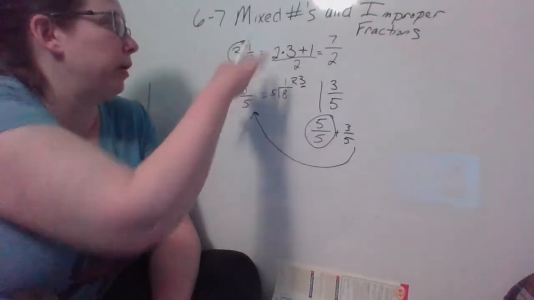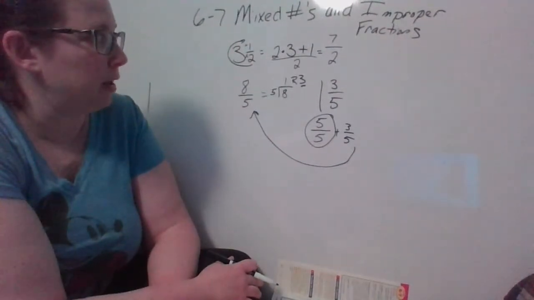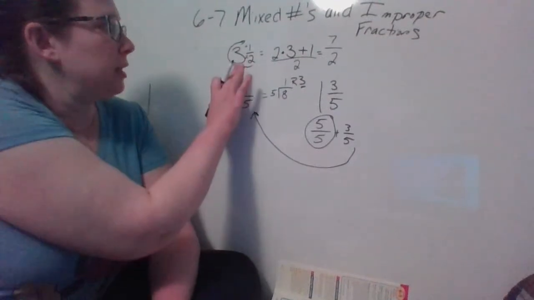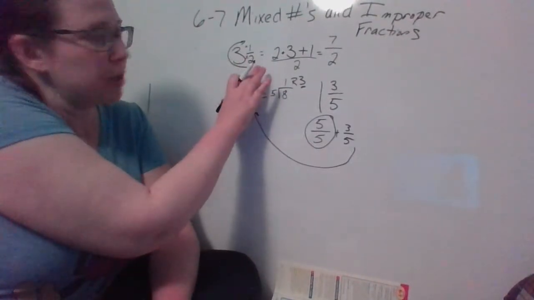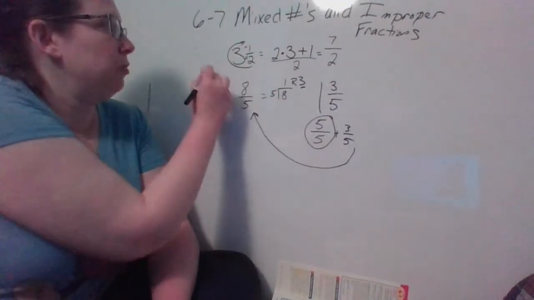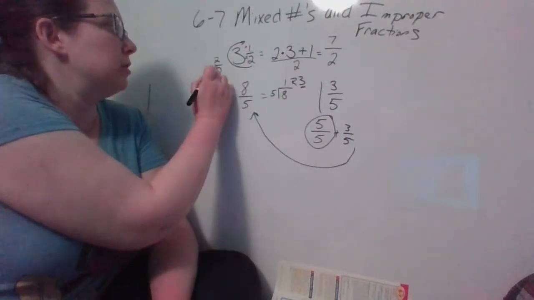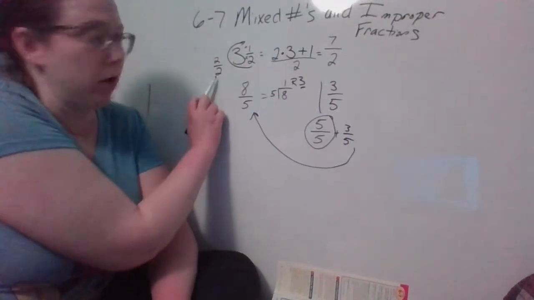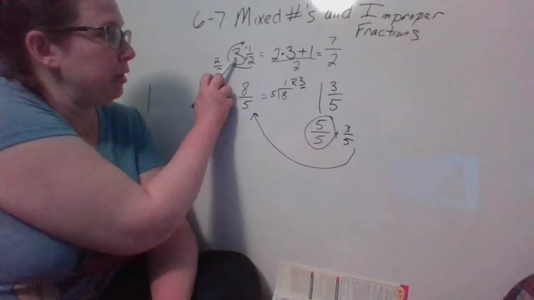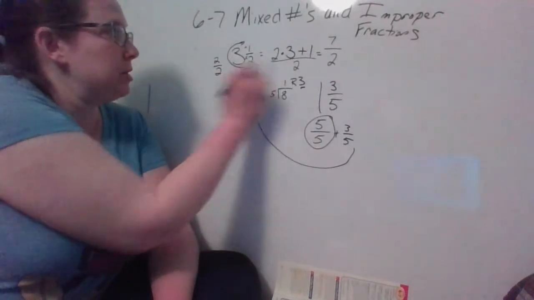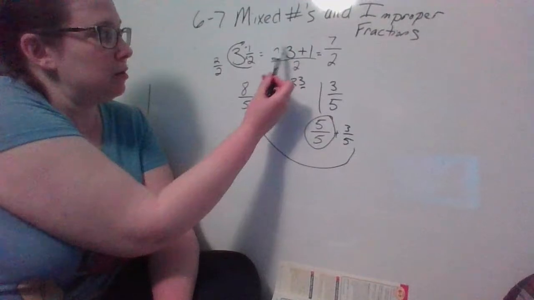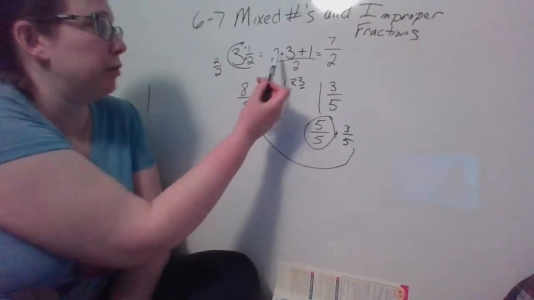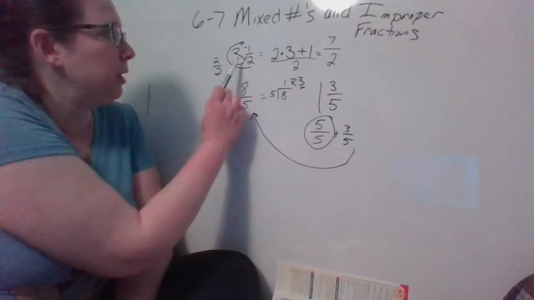Similar with a mixed number to an improper fraction, we're saying that this whole number 3, we want to change it into halves. So we know that with halves, this would be 1, but we have 3 of them. That's why we're taking 2 times 3. That's what 3 wholes would be.